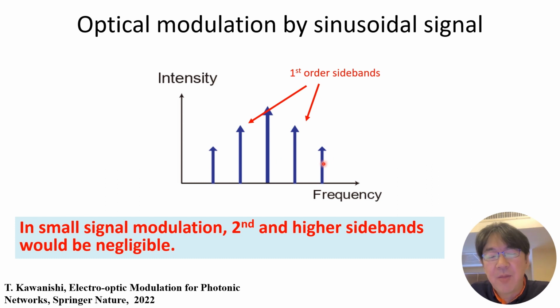By using the Bessel functions expression, we can get the formula to describe higher order sideband component. But in a small signal modulation, we can neglect the higher order sideband component. If we just focus on the first order sideband component, we can use the simple mathematical expression which I explained in the previous slide.